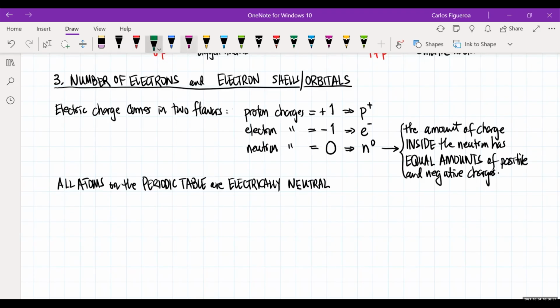So this immediately tells us what? When I say electrically neutral, look what I said over here. Equal amounts of positive and negative charges. So this means here that the number of protons must equal the number of electrons. That's how most things are neutral.